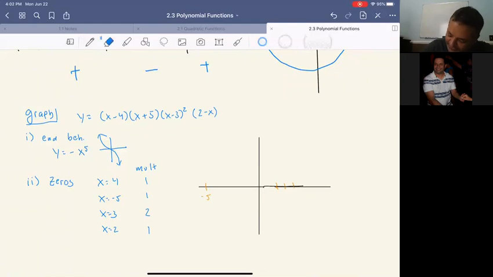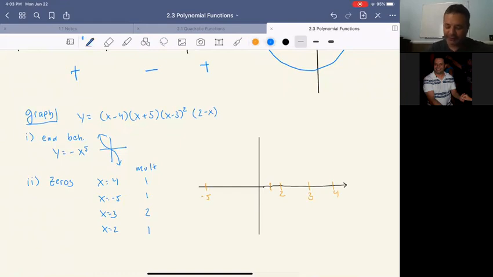I'm horrendously off scale on the right, but that's all right.